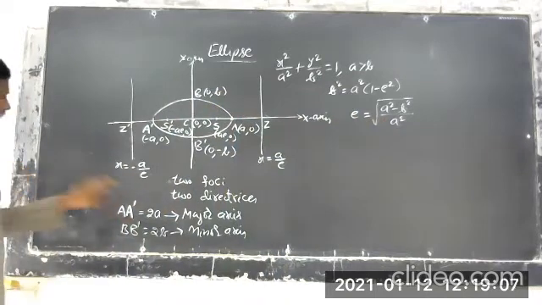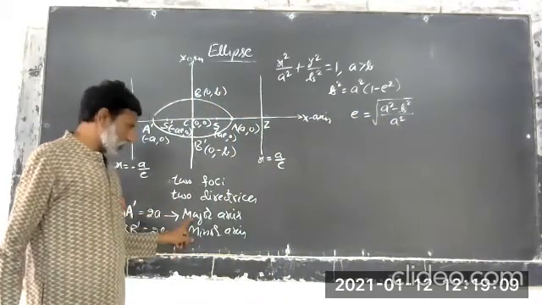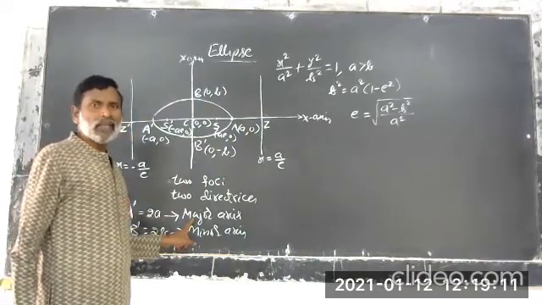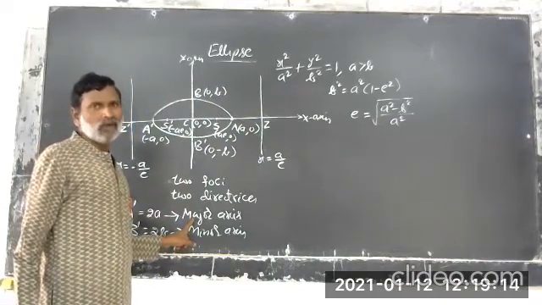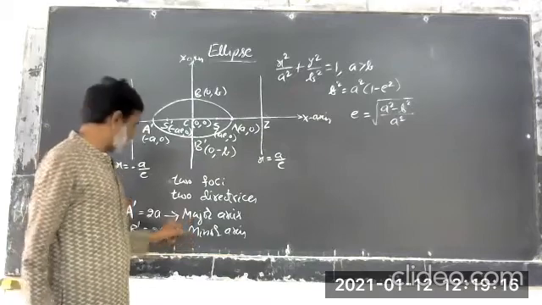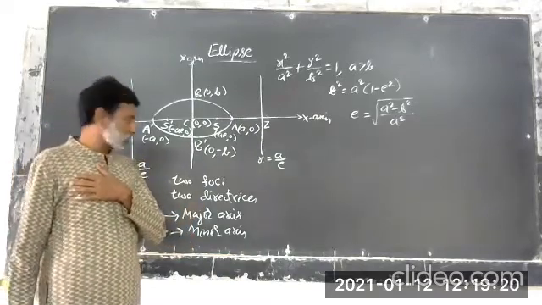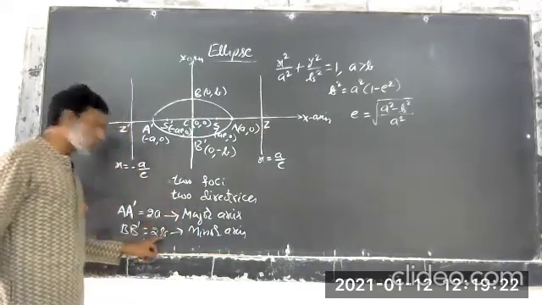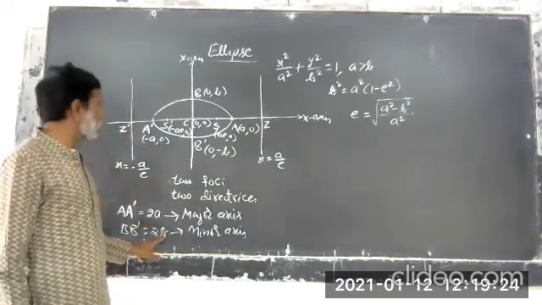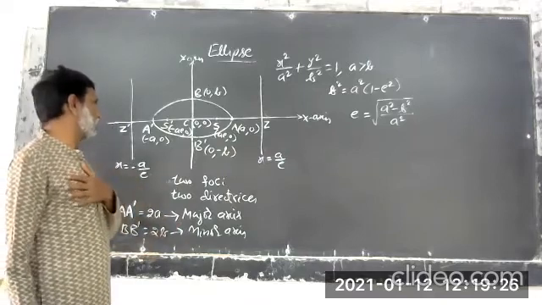Now, the major axis is 2a, therefore a is called the semi-major axis. Similarly, b is called the semi-minor axis.